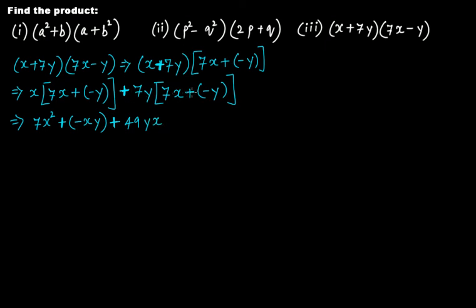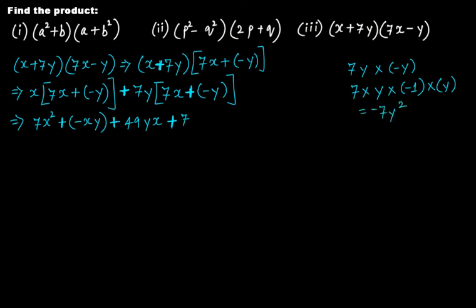Plus, this plus sign here, 7y multiplied by minus y. It means 7 multiplied by y multiplied by minus 1 multiplied by y. This is minus 7y squared.